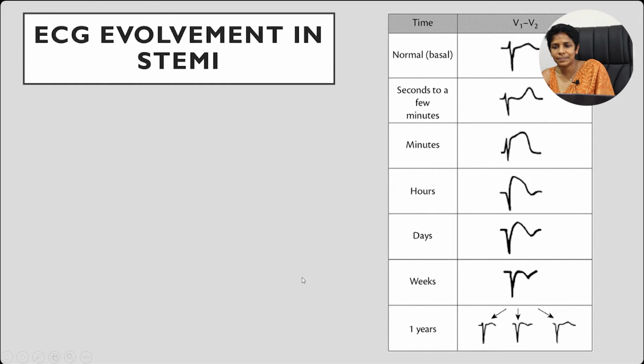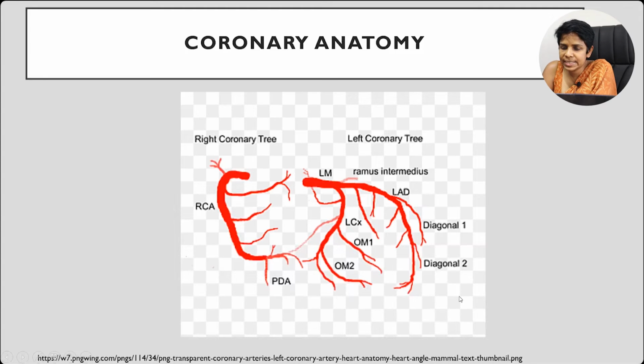After hours, ST elevation goes down, and then you start to get T inversions, and after days and weeks, the ST segment is settled, but there are remaining T inversions showing myocardial necrosis.